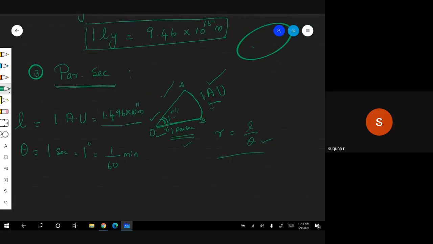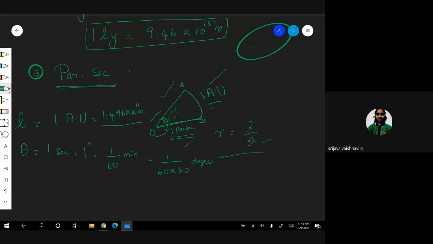And 1 by 60 minute has to be converted into degrees. Minute by 60 is degree.